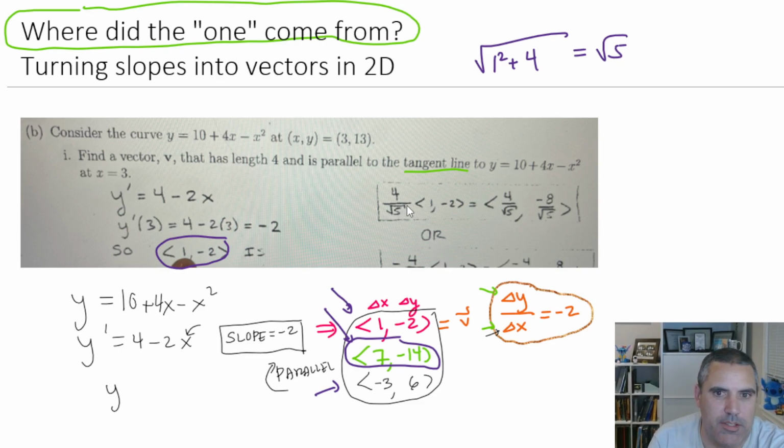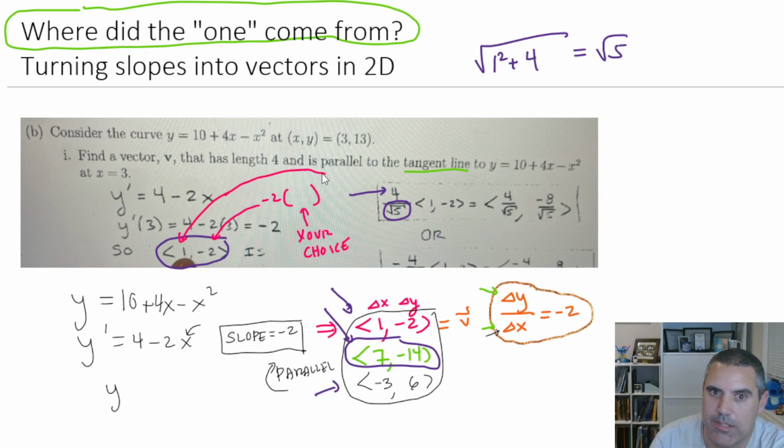So I divided by the length to make it a unit vector, and then I multiplied by 4. The reason there's a 1 is because I chose it to be a 1. You can pick whatever you want here. But the moment you make that choice, this number has to be -2 times your choice if you want the thing to have slope -2.